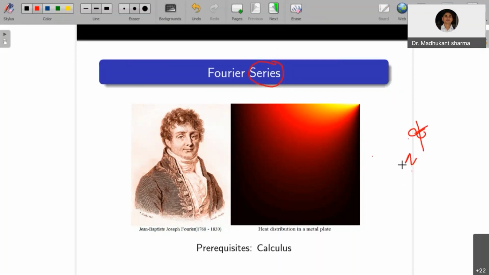You can increase n to, let's say, 2n, then 3n, and so on, and see the behavior there, and whether it will converge to the actual curve or not. That is a very interesting application.